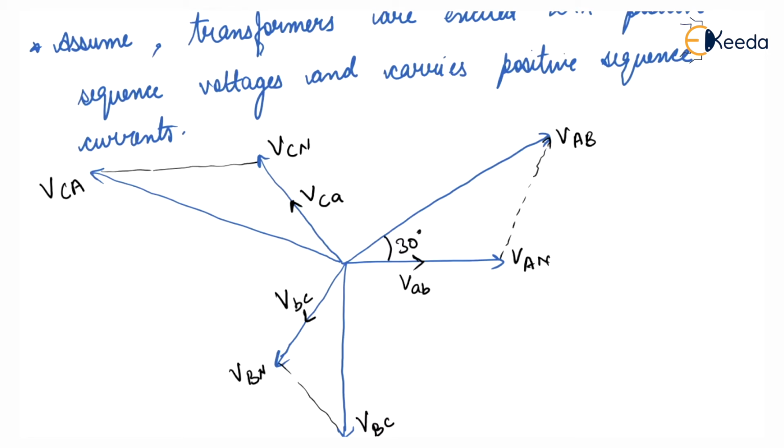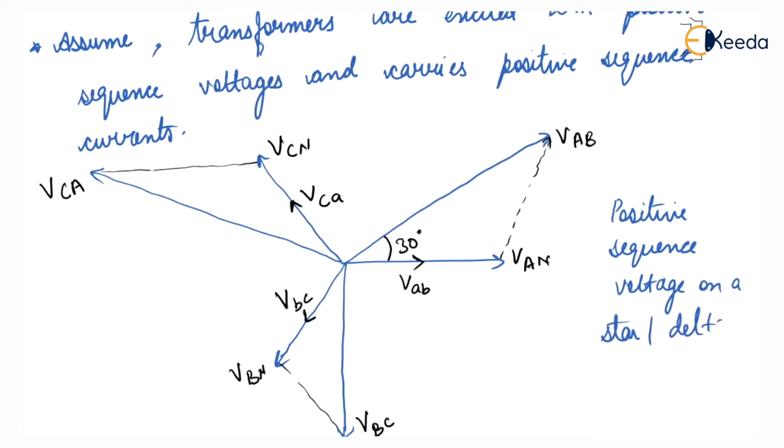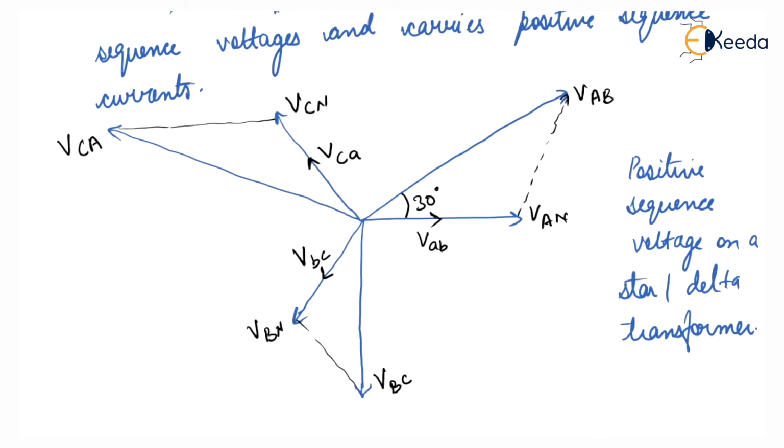So this is a positive sequence voltage in a star delta transformer. With the polarity mark shown, we draw this phasor diagram, and from this phasor diagram you can easily observe the following interrelationship between the voltages on the two sides of a transformer.